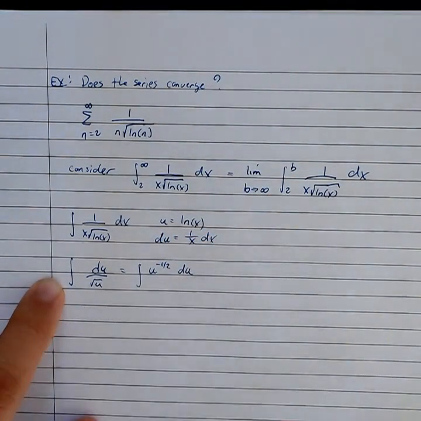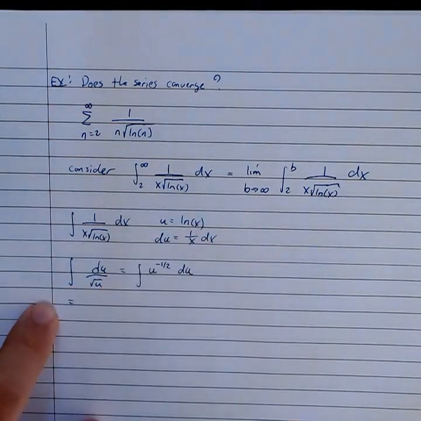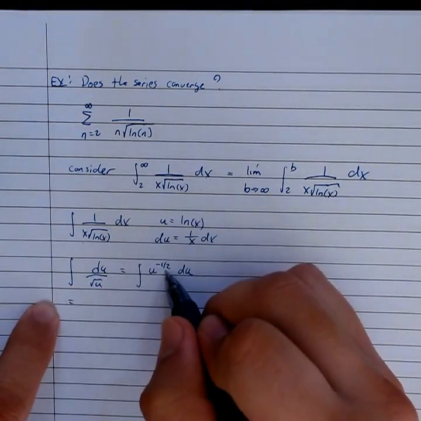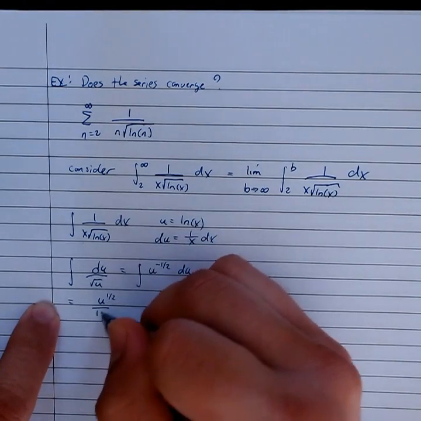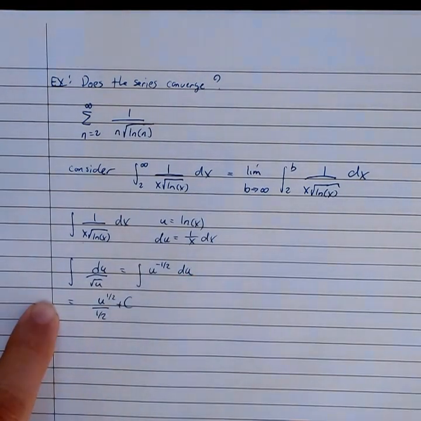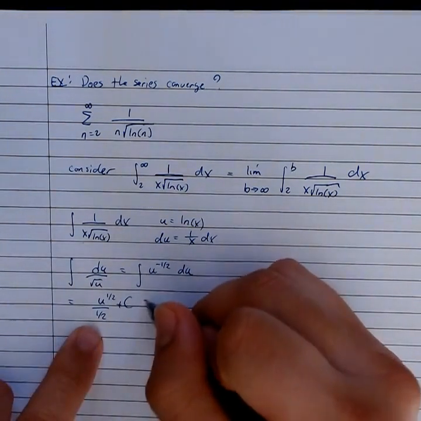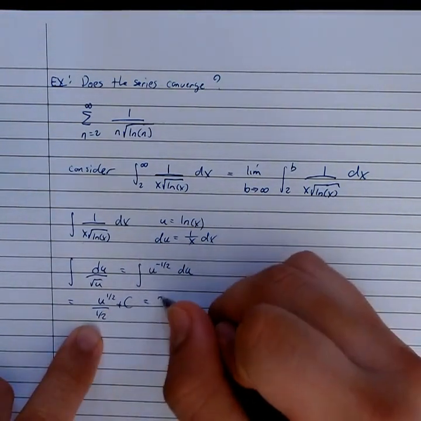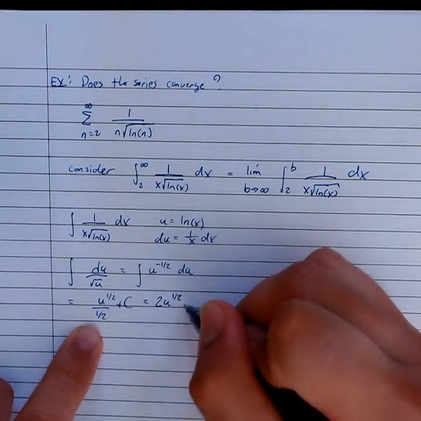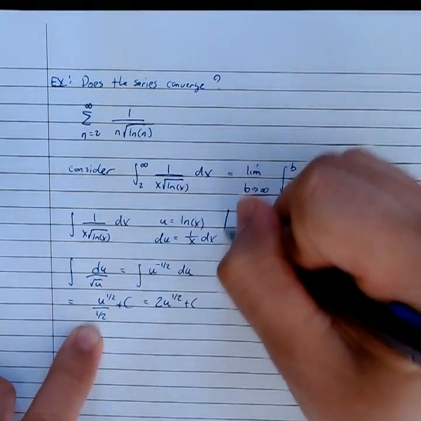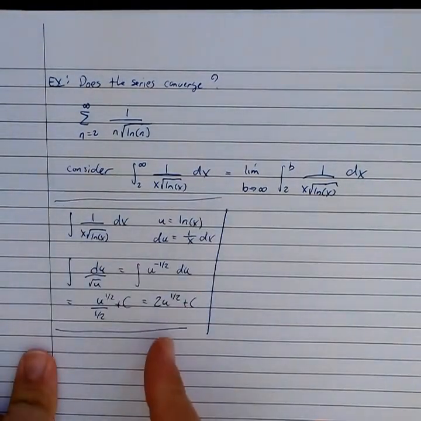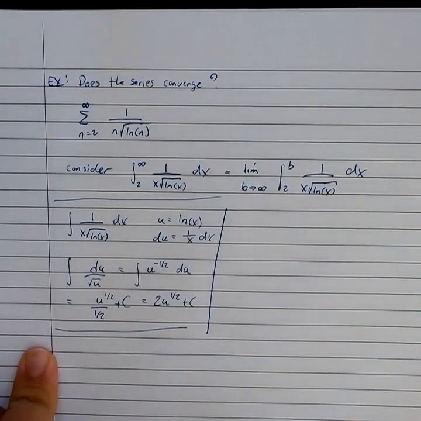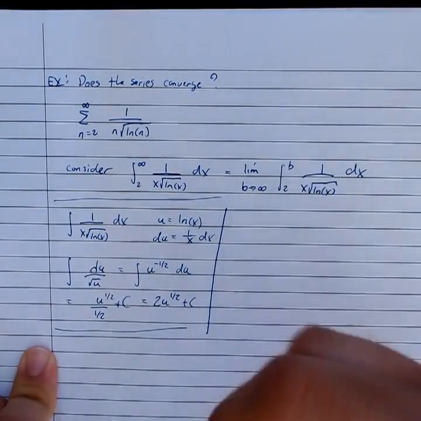And now things are nice because I'm allowed to use the power rule. If I add 1 to the power, that's going to give me u to the positive 1/2, and then I'm going to divide by positive 1/2, plus a constant of integration. Dividing by 1/2 is the same as multiplying by 2. So this is a little bit of side work, and it shows me how I can find my antiderivative. So now we take the antiderivative and evaluate at the endpoints.